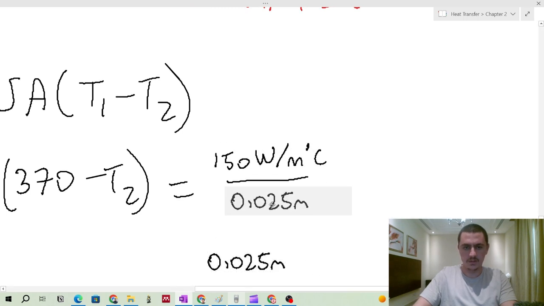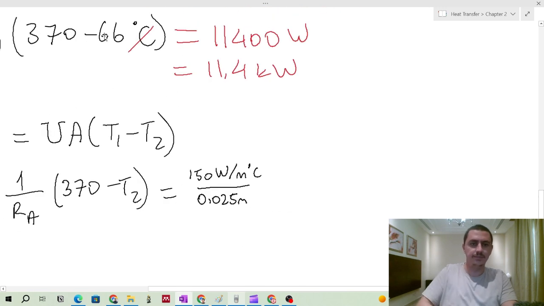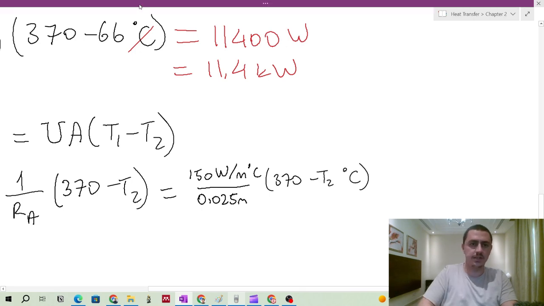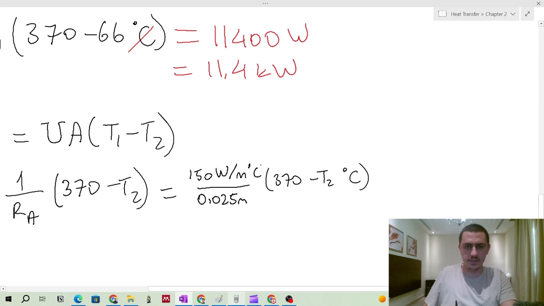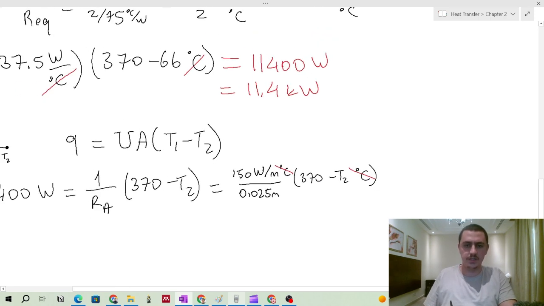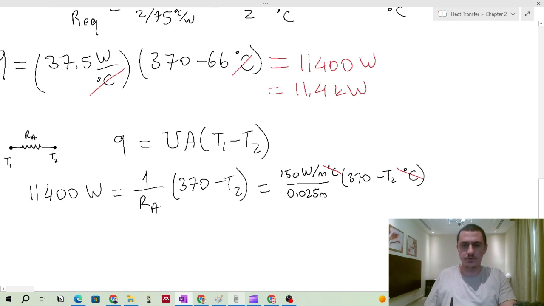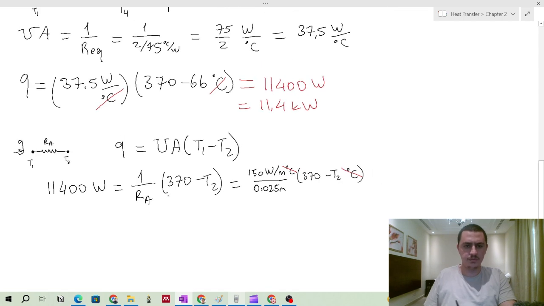Then we have also temperature change here, in degrees of Celsius. So you have 1 over Celsius with Celsius, they will cancel each other. So you will have watt per meter square, 1 over RA.